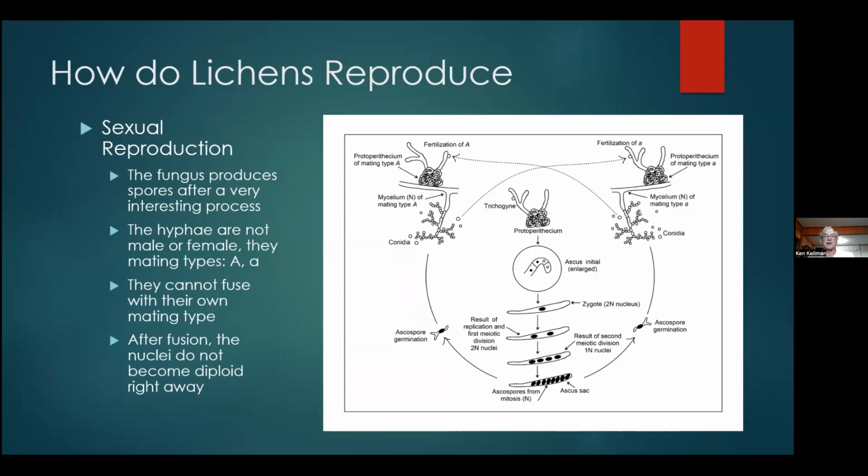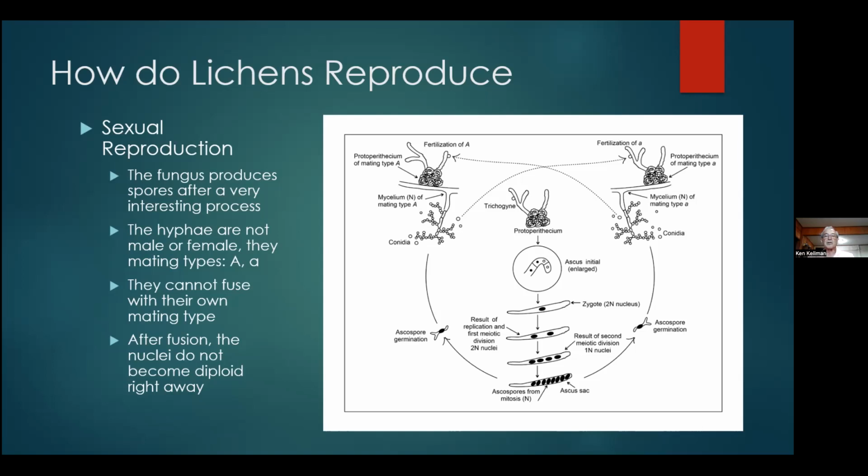The algae in lichens, their cells just split. But fungi can reproduce sexually on their own. And in this situation, the fungi are only reproducing the fungus. They're not reproducing the algae. We'll talk a little bit more about what that means, but let's look at this.